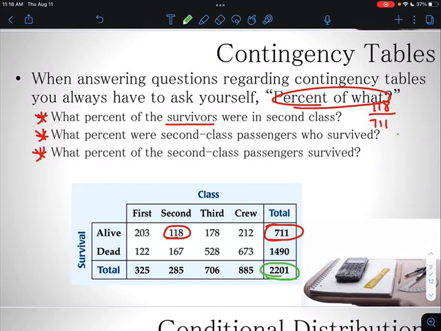So when I'm calculating this percentage, my total number of passengers was 2,201. That's my total for my percentage. And then it says what percent were second class who survived. So I still want that same cell, the 118 second class passengers who survived, but now my total changed, which changes my percentage as well.